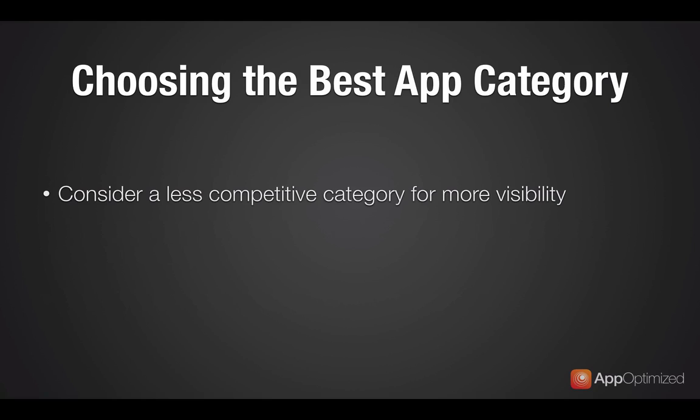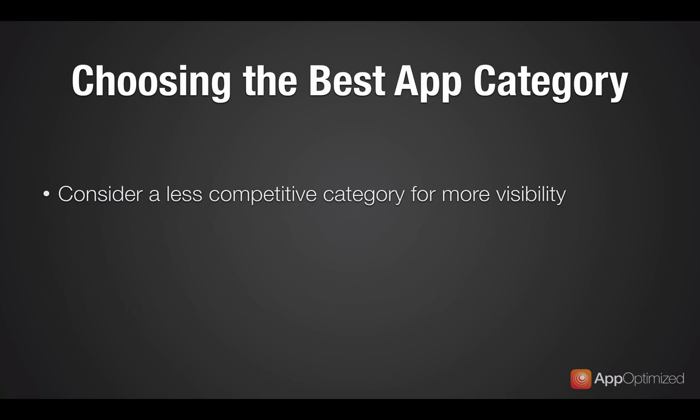So again, if you have a photo app and you find that there's a huge supply of photo apps in the photography category, you may want to consider a different category to put your app into so that it can get ranked higher sooner and become more visible on the app charts, which would help generate more downloads.